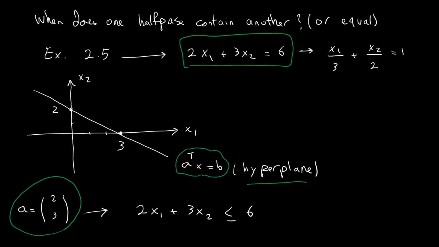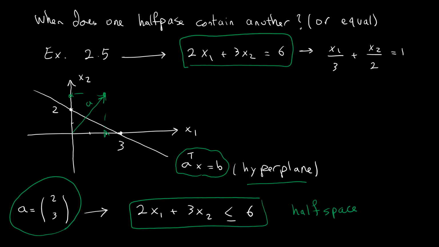So A here is (2, 3). Now we have 2 here and 3 here, so A is going to be here. If I were to draw A, you can see A is perpendicular to that hyperplane. In order to show all the points that are contained in this half space, we look at the direction of A and then pick the points that are in the opposite direction.